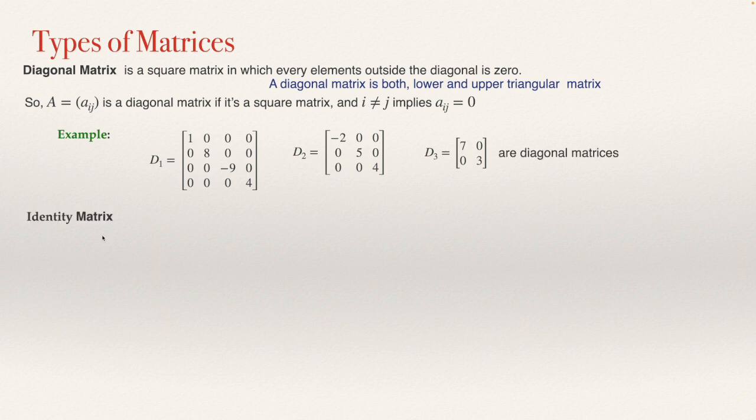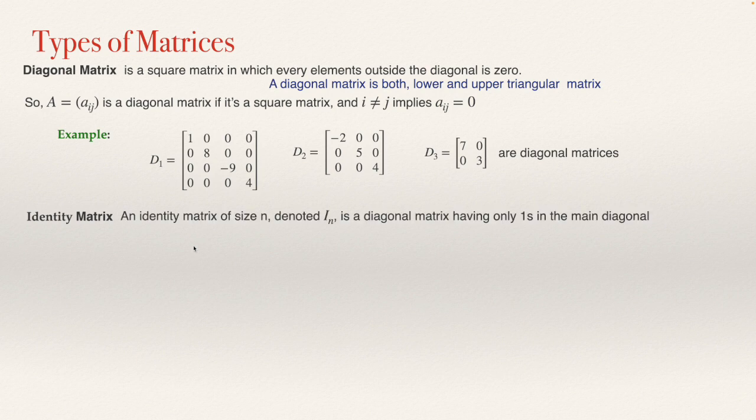And there is something that is called an identity matrix. An identity matrix is a diagonal matrix, so it is a square matrix, and the elements outside of the diagonal are 0, but it has the additional condition that every element in the main diagonal needs to be 1. So an identity matrix of side n, usually denoted I sub n, is a diagonal matrix having only ones in the main diagonal.